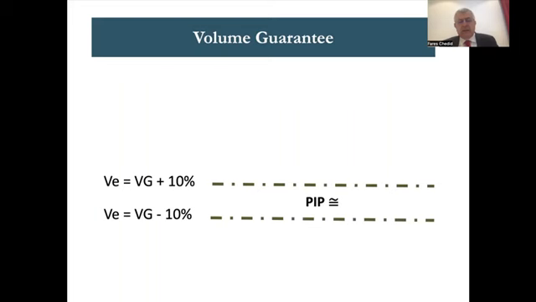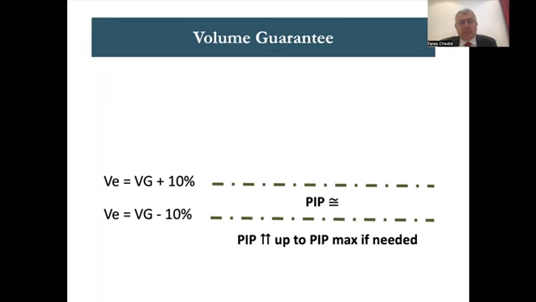So in summary, how is the volume guarantee? The patient is allowed to take a volume within 10% of the volume that we requested, the target volume. As long as VE, the expiratory volume, is between VG plus or minus 10%, the PIP of the next breath will remain the same.